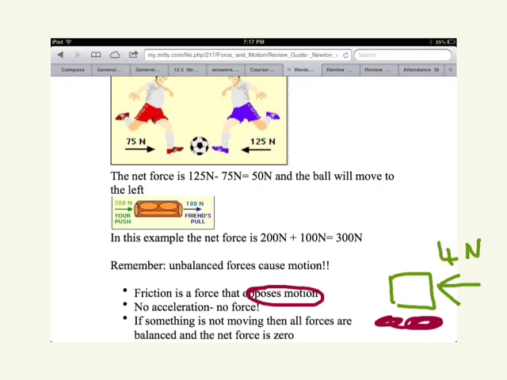If you push the box with a force of 4 newtons and yet it doesn't move, that tells you that the friction force, because of the bumpy ground, must be equal to 4 newtons. Because the two forces are going to balance out. Therefore, the overall net force on the object is 0 newtons. There's not going to be any change. It's not going to move.